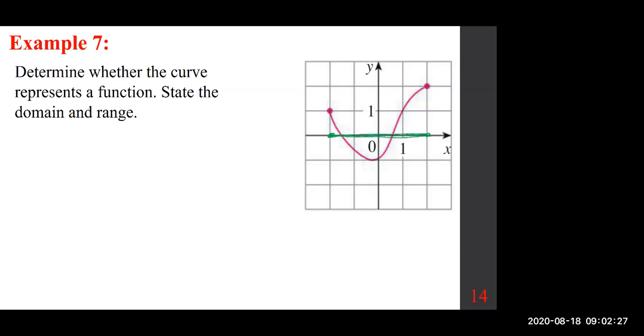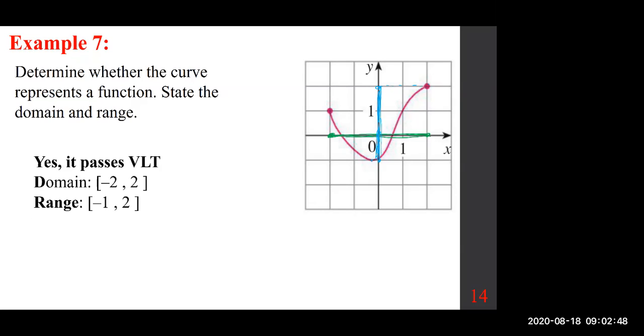For the range, this point will cover this point, and then this point covers this point. That's our range. So I hope you realize how easy we can come up with the domain, range, and why this represents a function class. Okay, very straightforward.